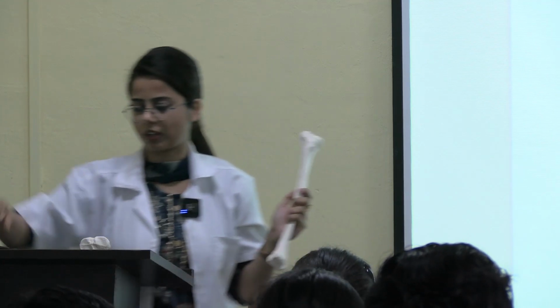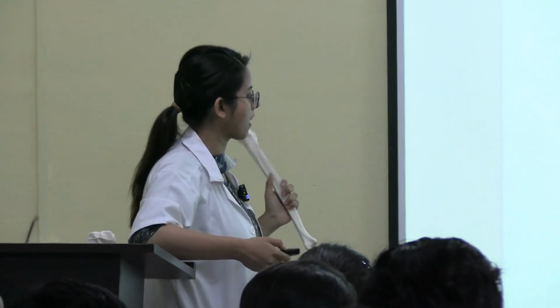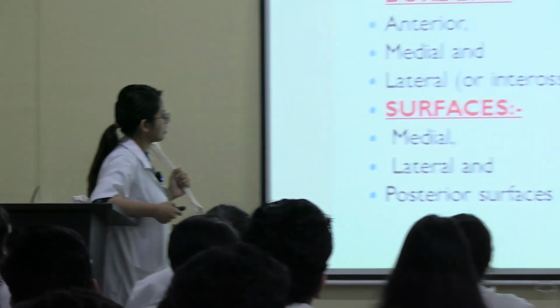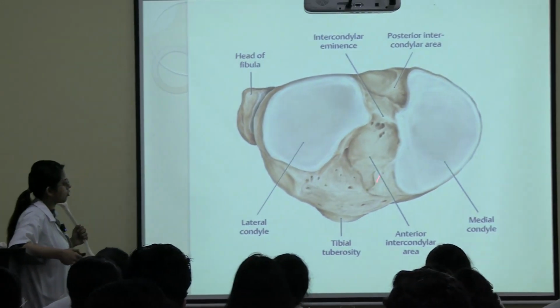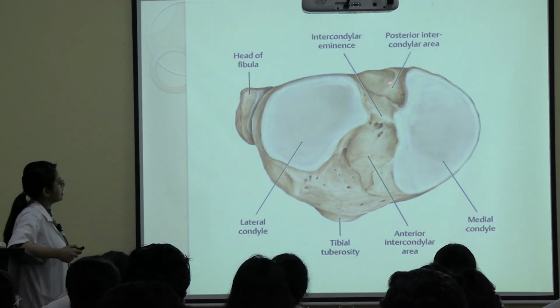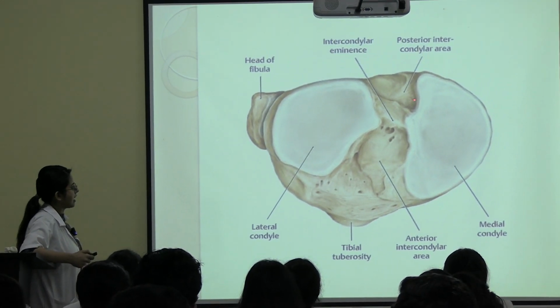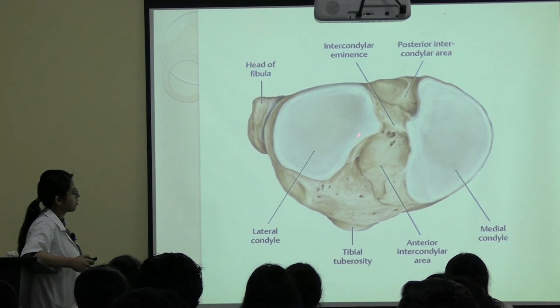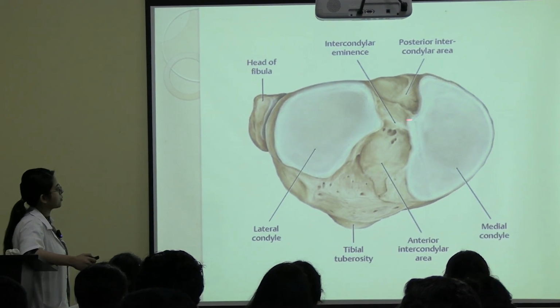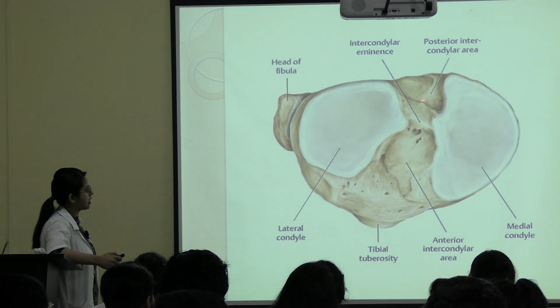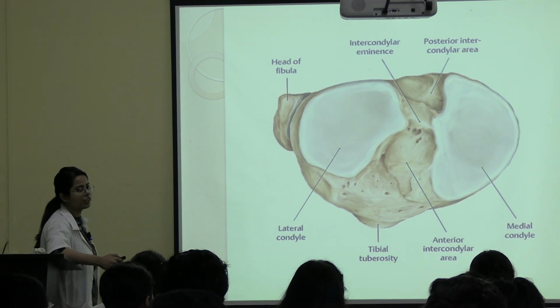Done. Okay. So see, this is the medial condyle, this is the lateral condyle, this entire part is known as the intercondylar area, and this elevated part is known as the intercondylar eminence, and these two projected parts in this intercondylar eminence are known as intercondylar tubercles.